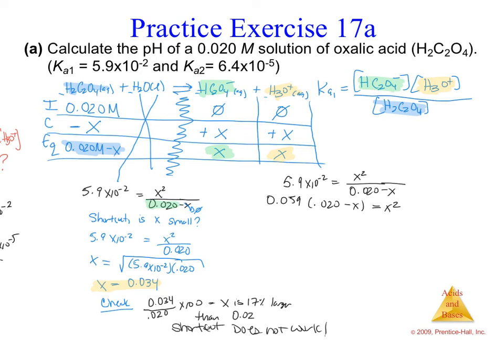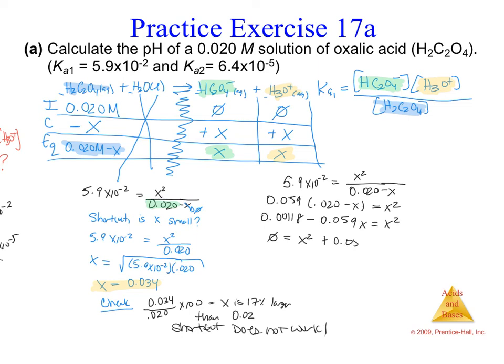And I'm going to distribute, so 0.059 times 0.020 on my calculator gives me 0.00118 minus 0.059x equals x squared, and rearrange to get into the form 0 equals ax squared plus bx plus c.